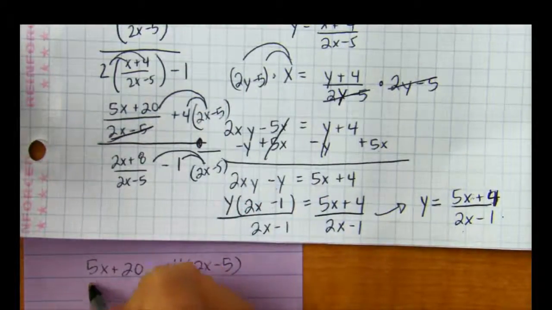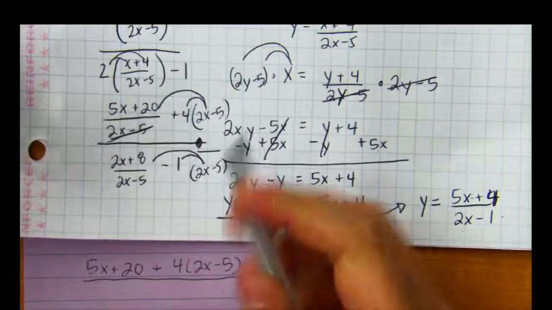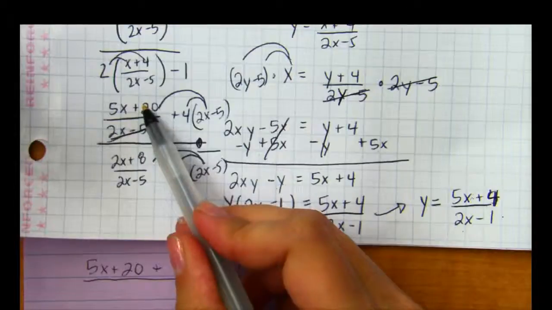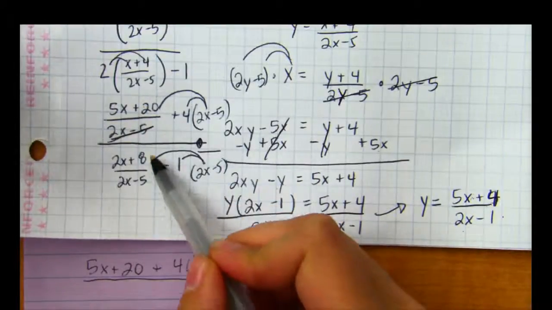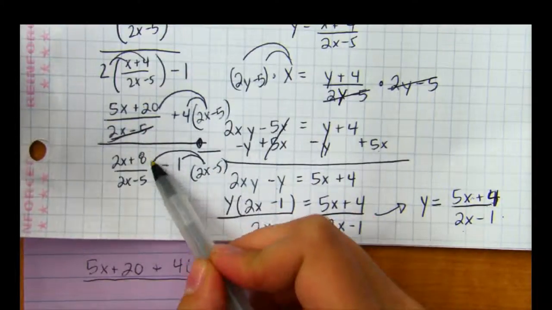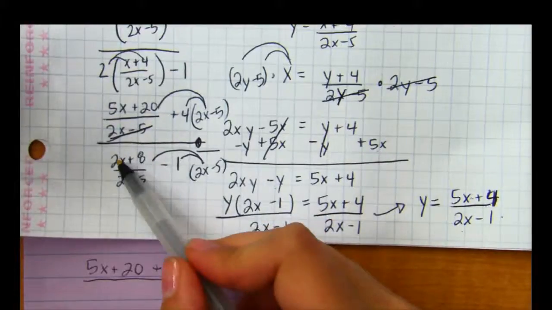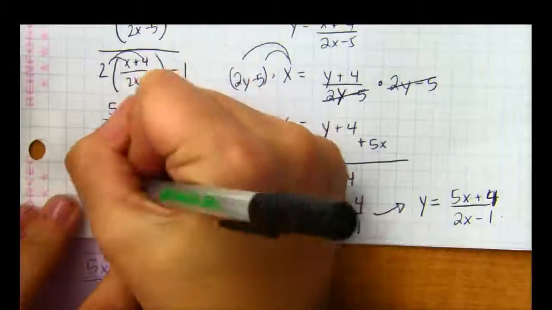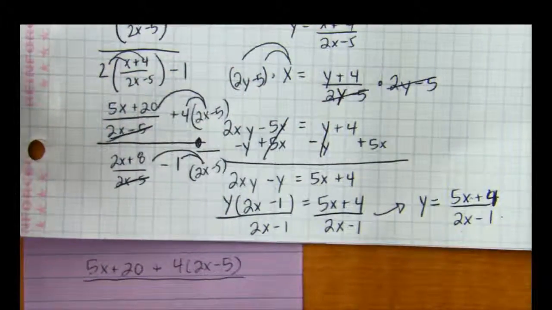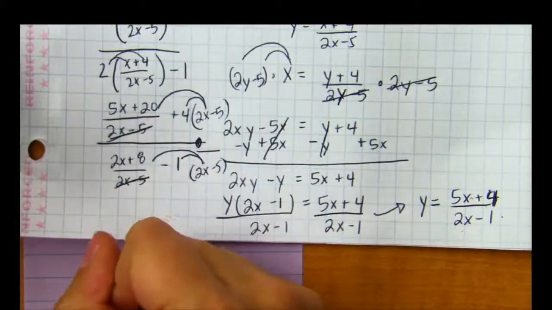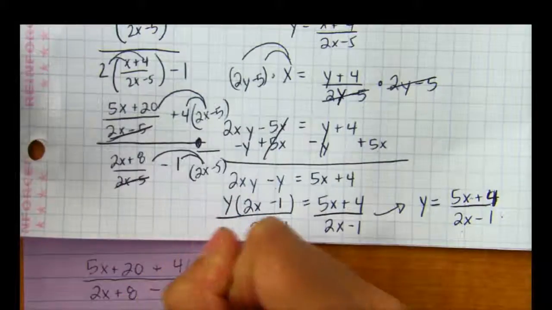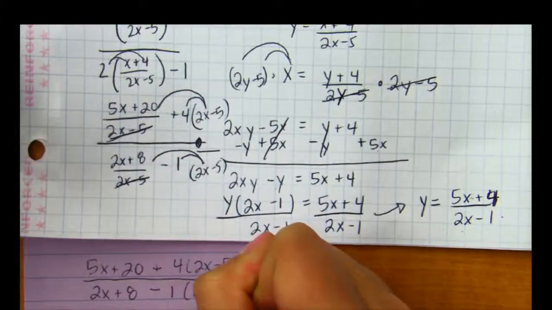Now let's look at what's happening in my denominator. The same thing with this fraction is going to happen as what happened with this one. Since I'm multiplying the numerator of this fraction by 2x minus 5, it's going to cancel out with the 2x minus 5 that's in my denominator, so that I'm just left with the 2x plus 8. Then I've got a minus 1 times 2x minus 5.